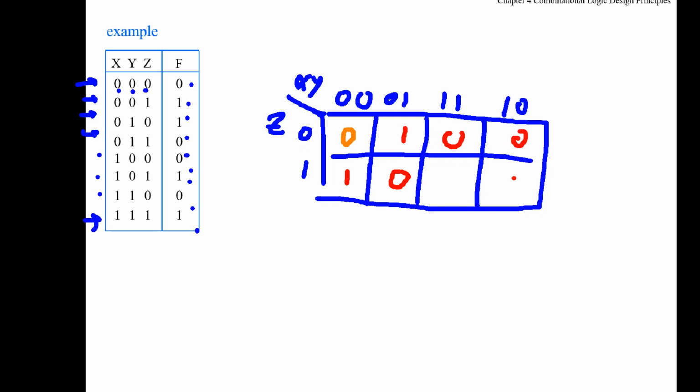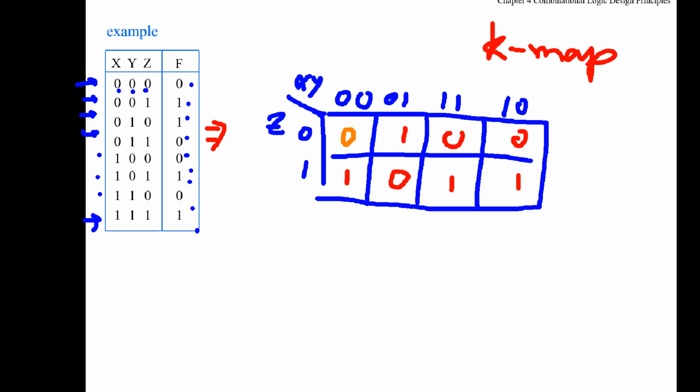How about this cell? 1, 0, 1 is 1. And this one, 1, 1, 1 is 1. You just write a new format from the two tables. This chart or table is called a Karnaugh map, or K-map.